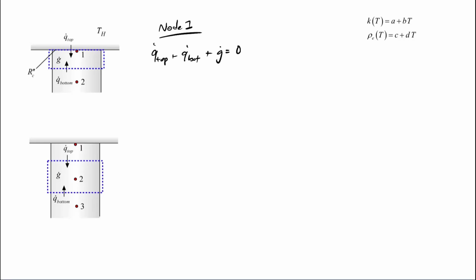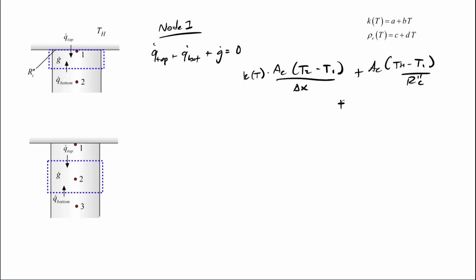If we write out rate equations for this, I won't derive it again, but we would have K, which now is a function of temperature, so we'll just denote it this way for now: K(T) times A_c times (T2 minus T1) divided by delta X, plus A_c times (T_H minus T1) over R double prime_c, plus rho_E, which is also a function of temperature, times delta X over 2A_c times I squared equals 0.